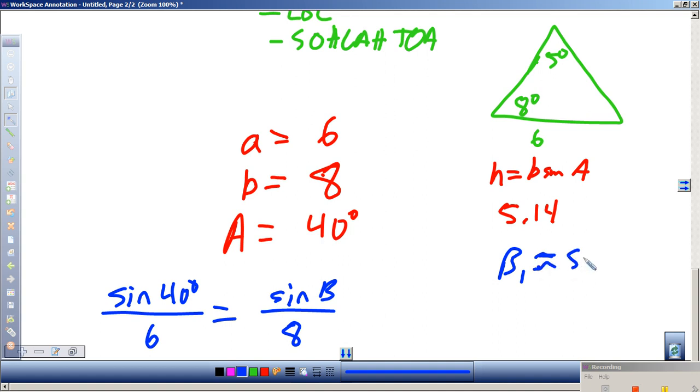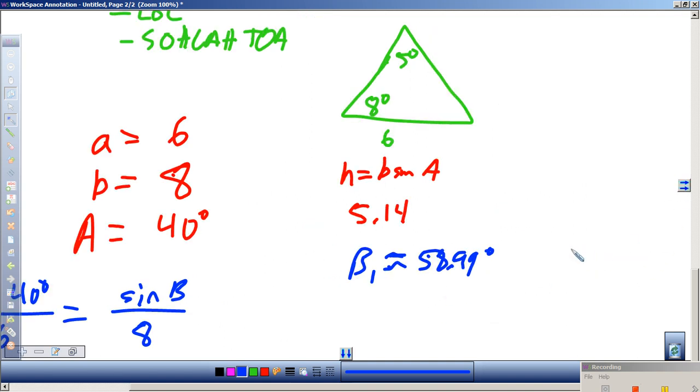That's 58.99 degrees. So make sure you're in degree or radian mode, whichever is appropriate on the test. So if that's B1, how do you get B2? Take 180 minus 58.99.